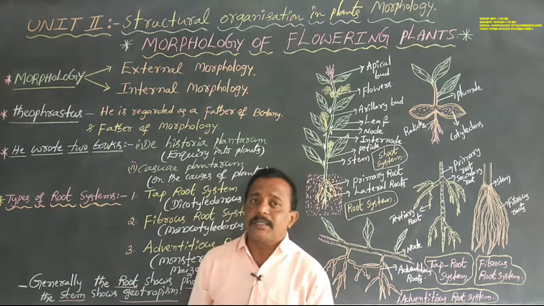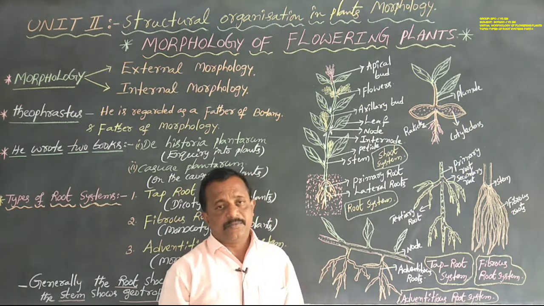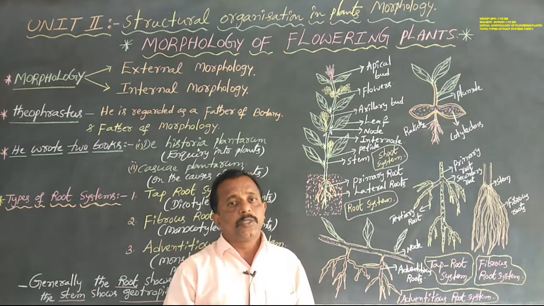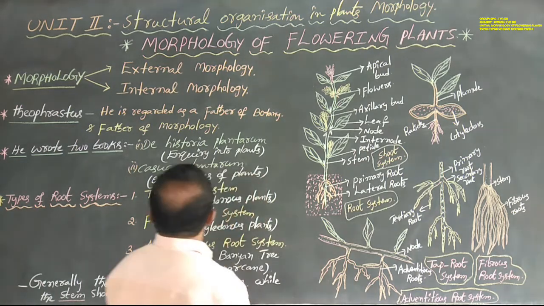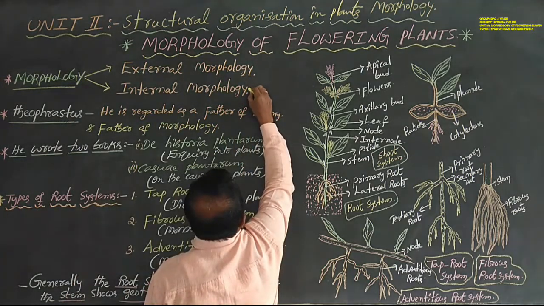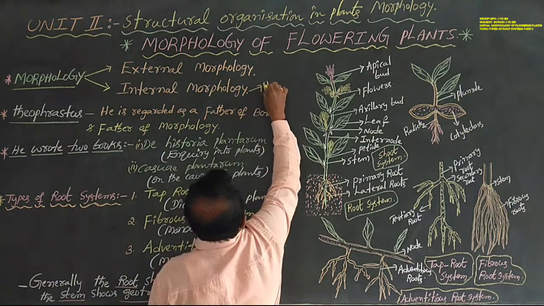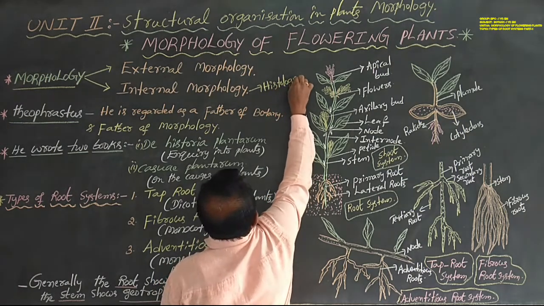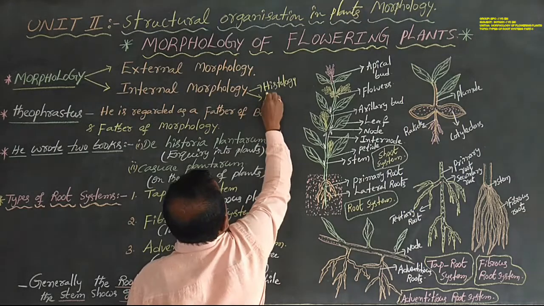That is called internal morphology. Internal morphology can be divided into 2 branches, namely, first one histology, second one anatomy.